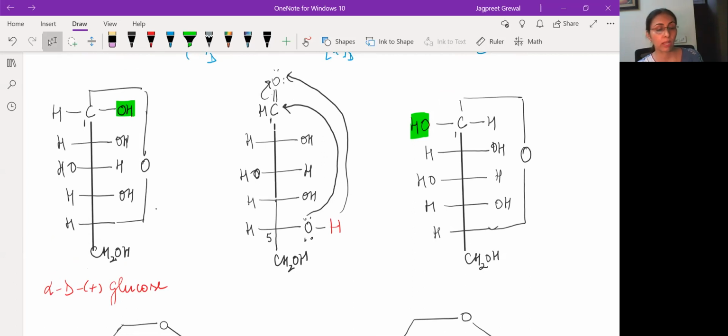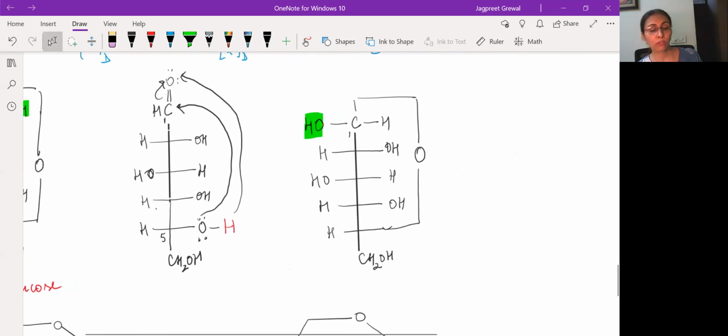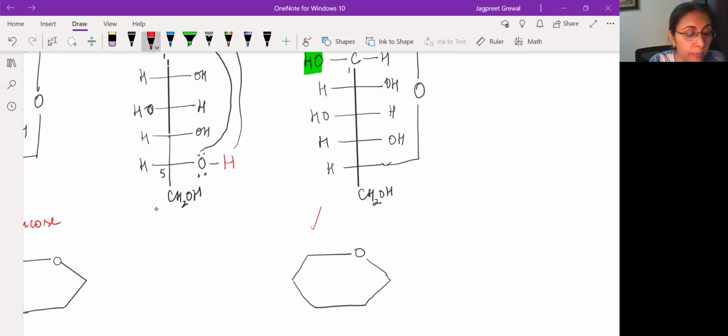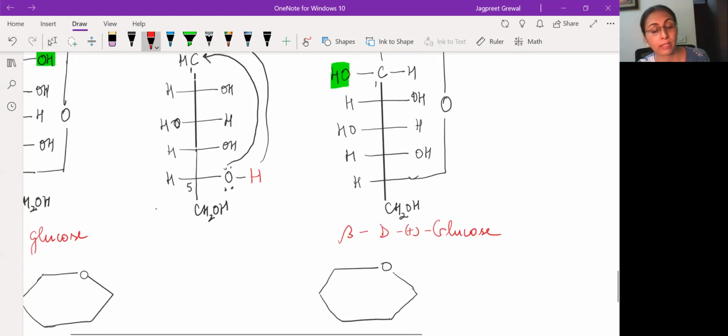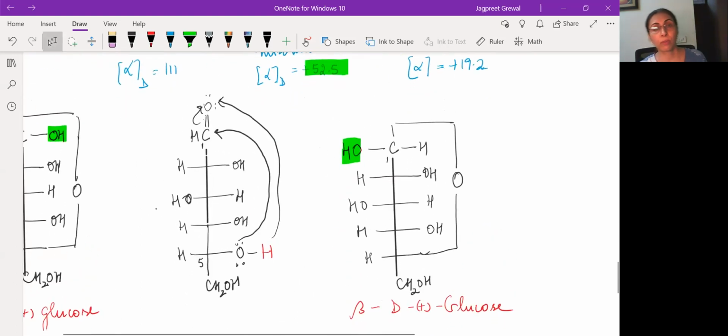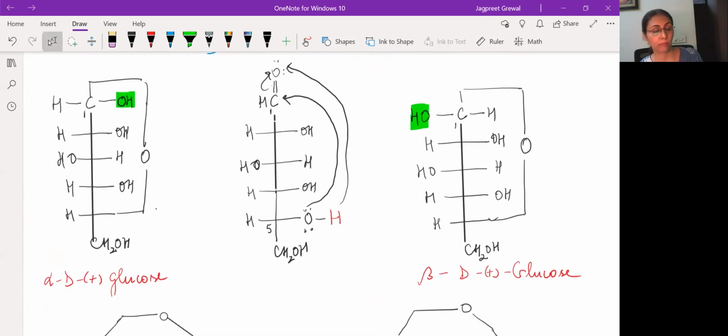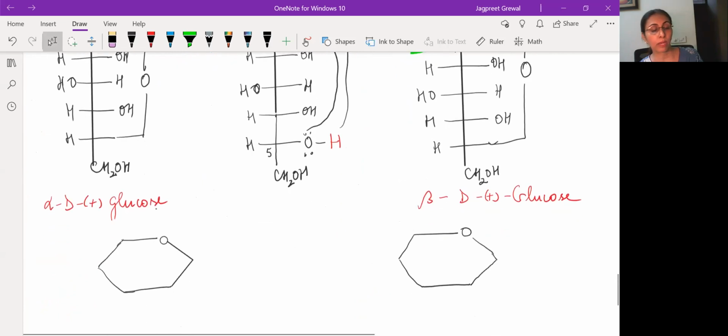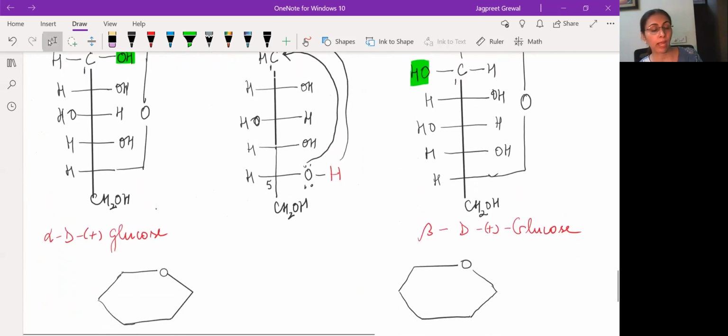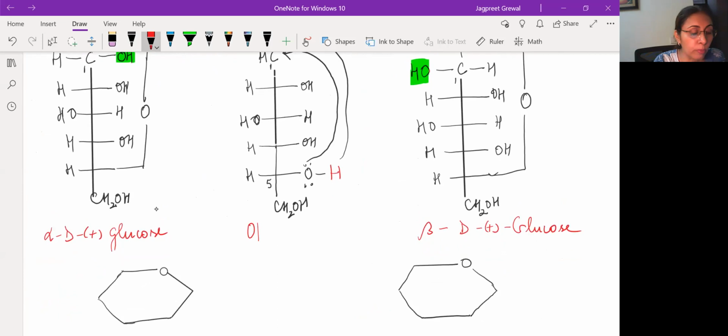And if the OH which is formed is obtained on the left side, we call it beta D positive glucose. Optical rotation remains the same. This is a hemiacetal form of the glucose molecule. So due to that, we are obtaining two isomers, and in the center you have an open chain structure.